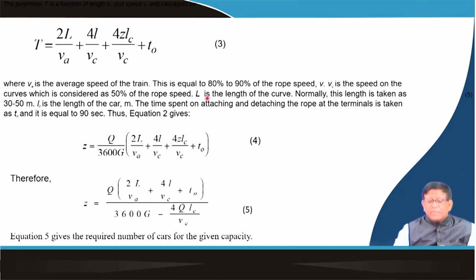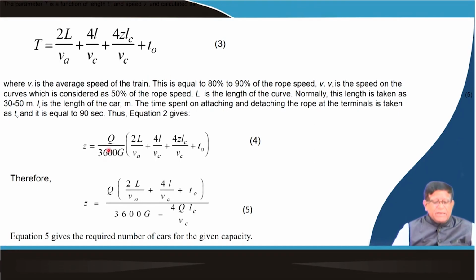the curve. If you take this parameter out, the average speed could be 80 to 90% of the rope speed, as per the specifications given for the haulage system. At the curve, the speed could be 50% of that rope speed, and the length of the curve is known.